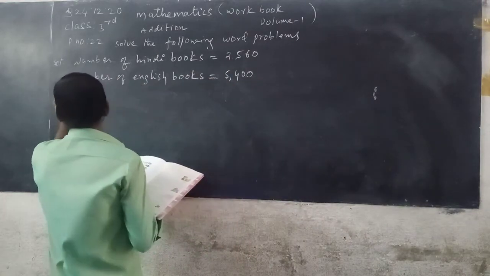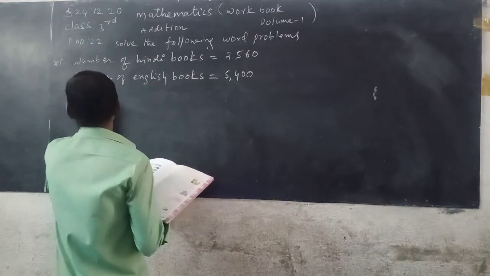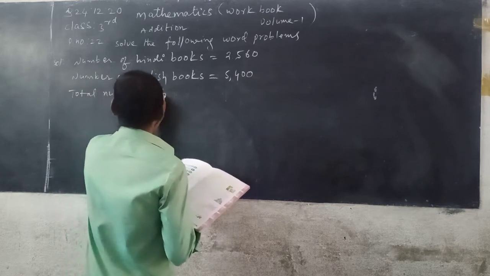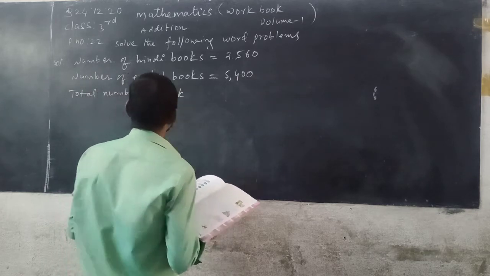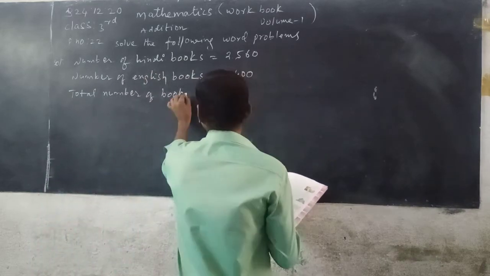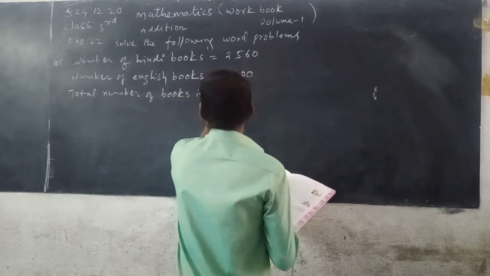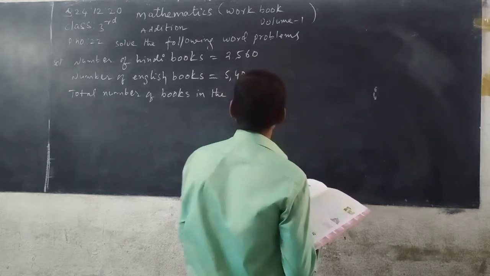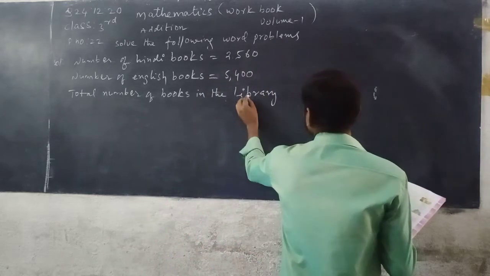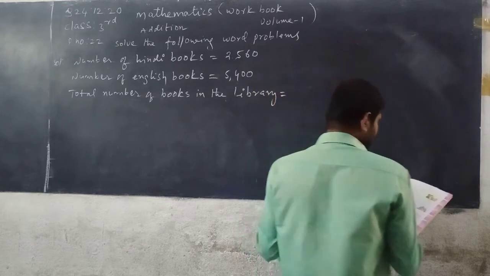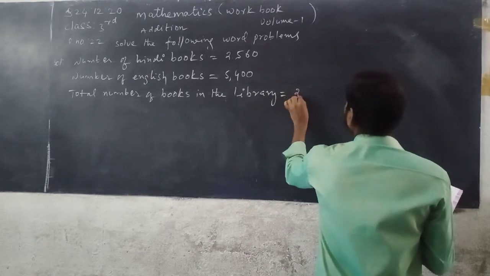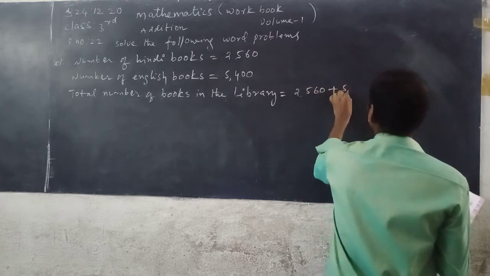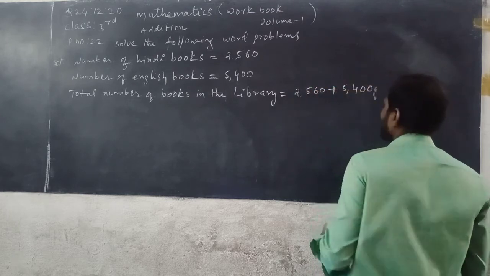Total number of books in the library equals 2560 plus 5400.